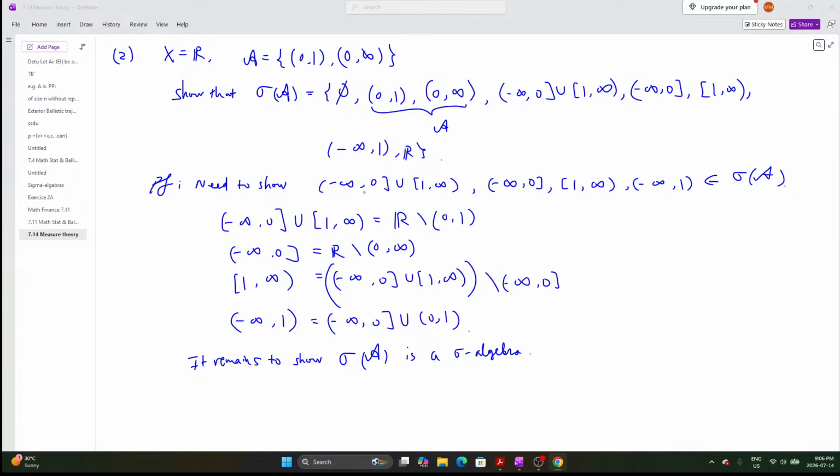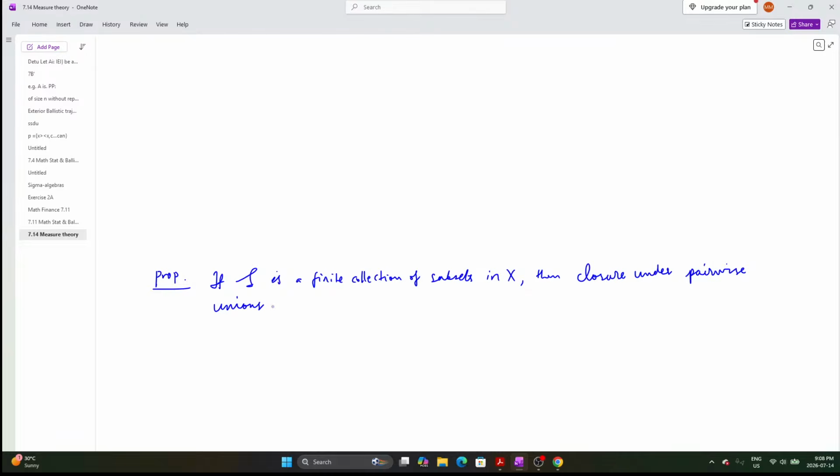So I would like to claim that if you have a finite collection, then the closure under pairwise union is enough. Guys, can you hear me?